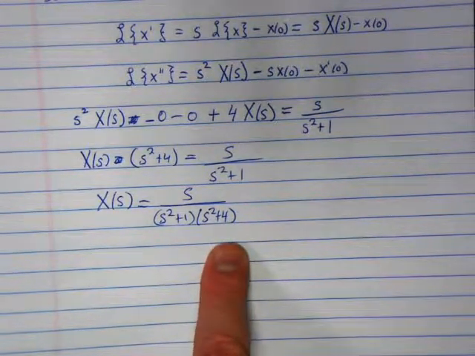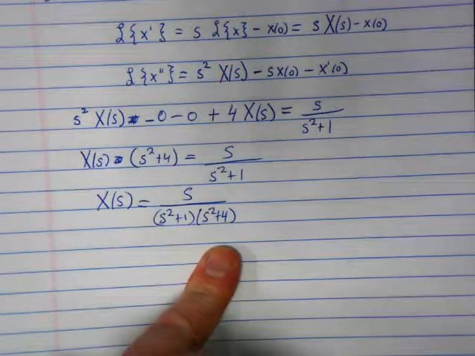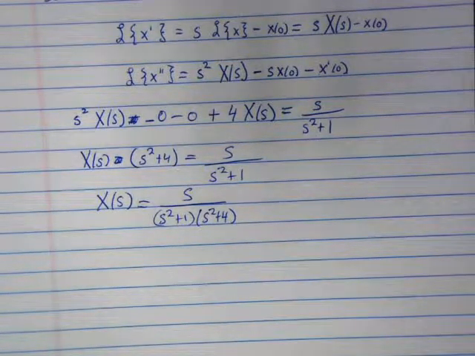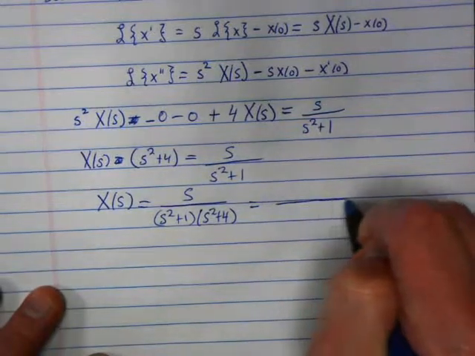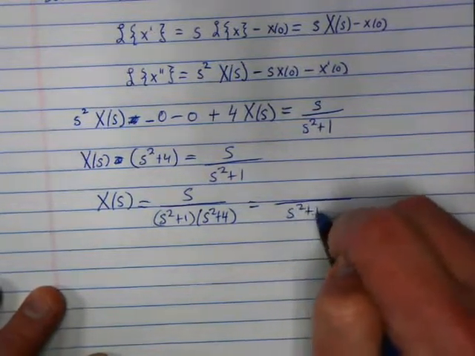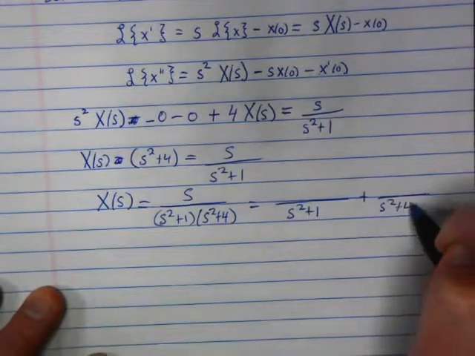So it's partial fraction decomposition. That's exactly right. So it's A over s squared plus 1 plus B over s. Oh, no. Oh, it's the same numerator, right? We're going to have s squared plus 1 on bottom and s squared plus 4 on bottom.